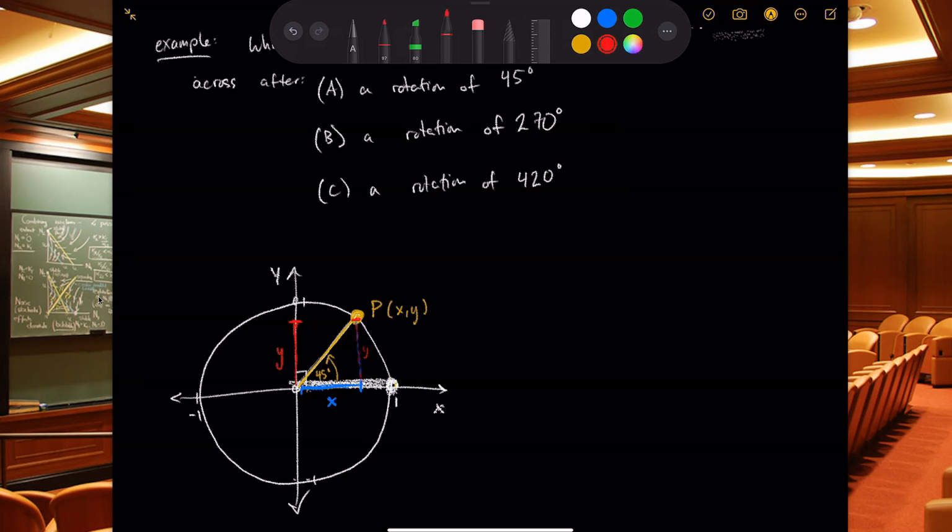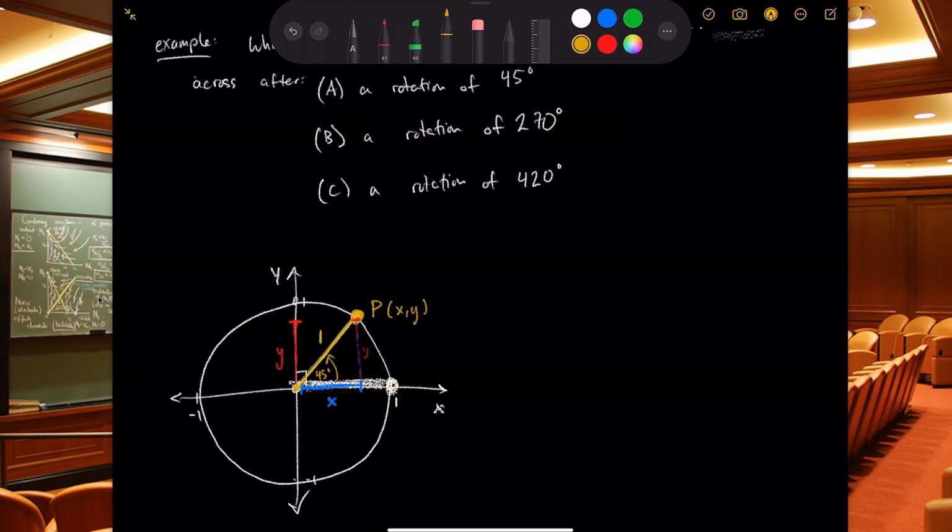So how do I find my y value? Well, let's ask, what do we know and what don't we know? We know that this yellow leg of this triangle we just drew is of length 1. Verify that you understand why. The circle has a radius of 1, and I've drawn a point from the center out to the edge.